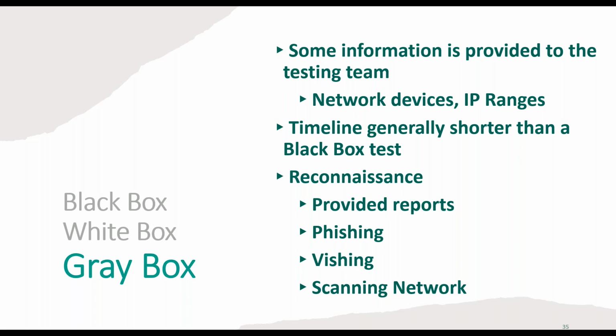All these things to shorten that timeline. But a gray box will also often include social engineering. They will include specifically scoped attempts to acquire elevation, to acquire credentials, and acquire access to specific servers. So scoping is really important when you're talking about these things.